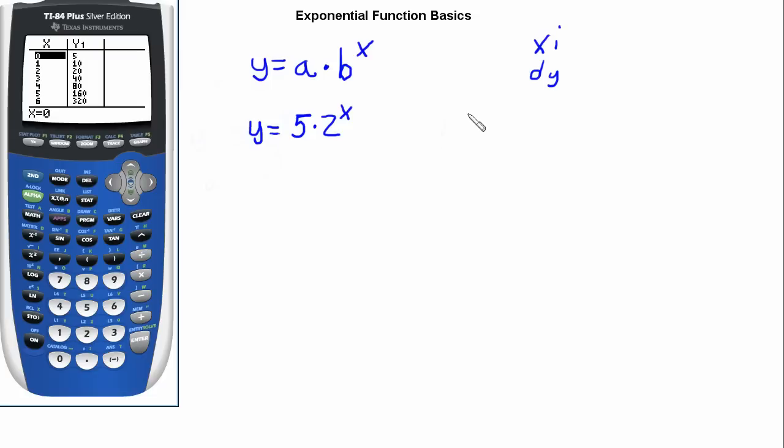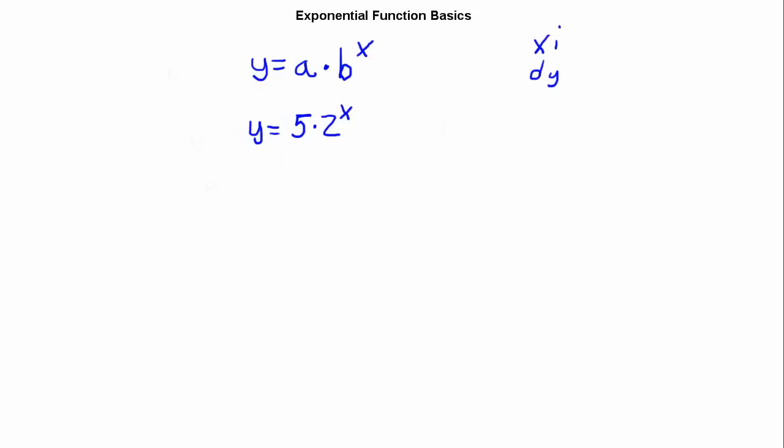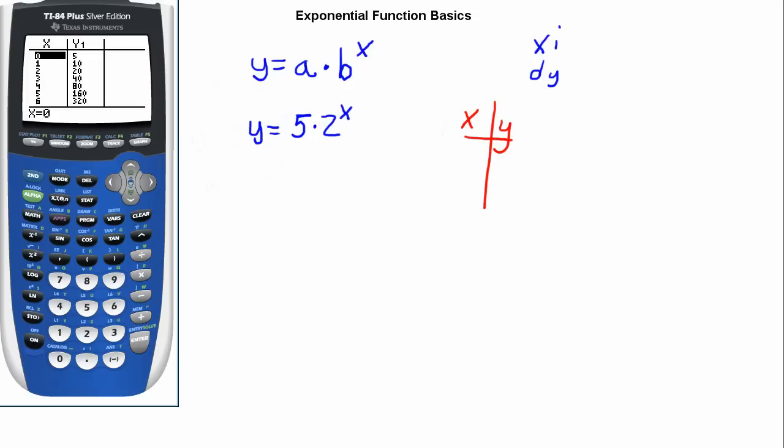Okay, so let's develop our table here. So we see that we have a table of values here. We've got x and we've got y. Alright, let's pull our calculator back up so you can see that we've got 0, 5, 1, 10, 2, 20, 3, 40.